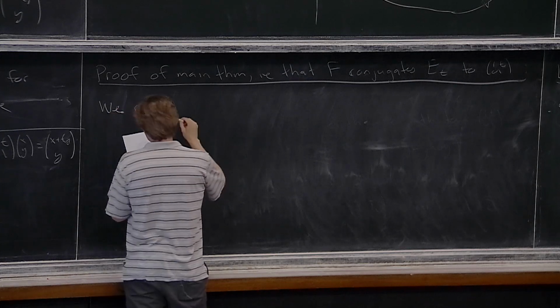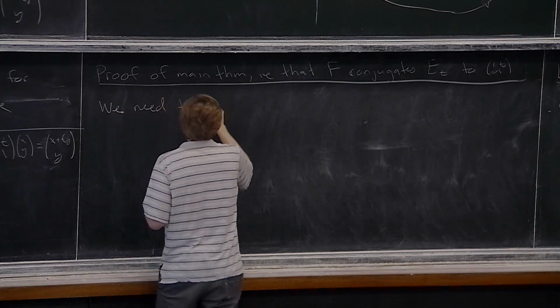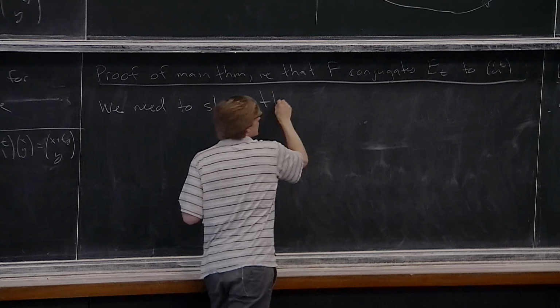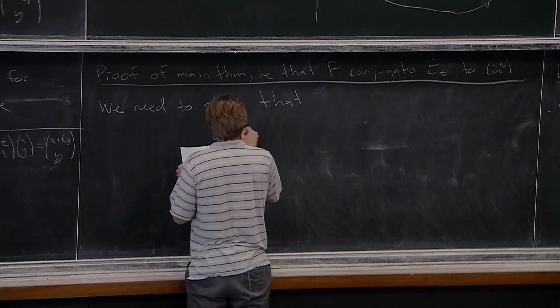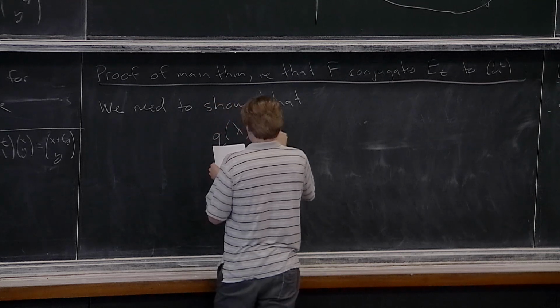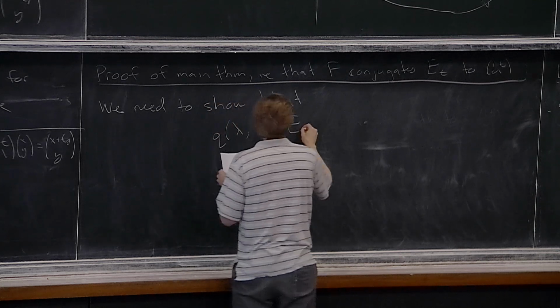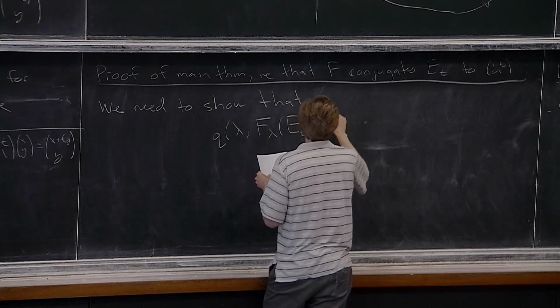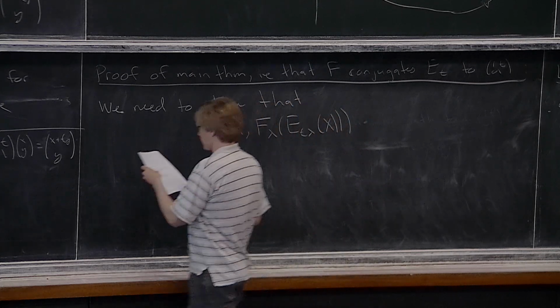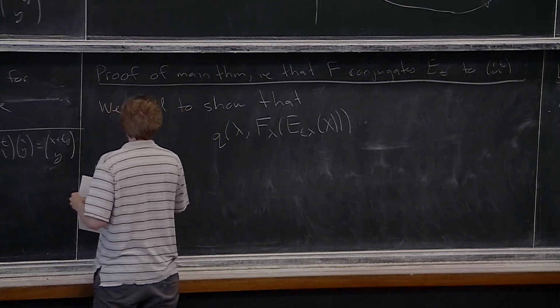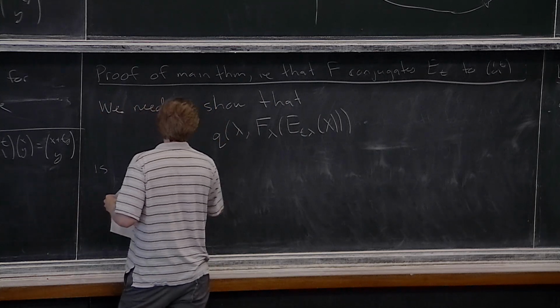So exactly what we need to show is that q of lambda, f lambda of earthquake flow lambda of x, is a 1-parameter orbit.